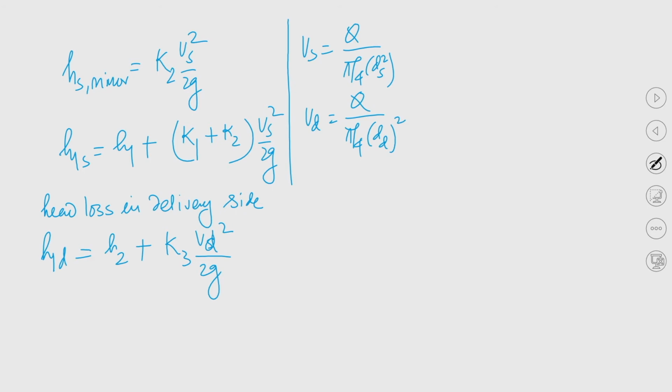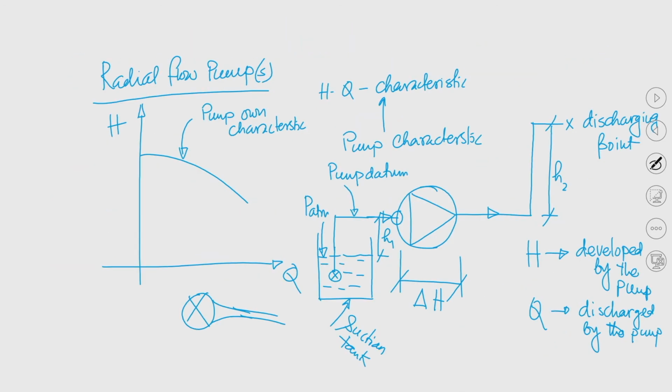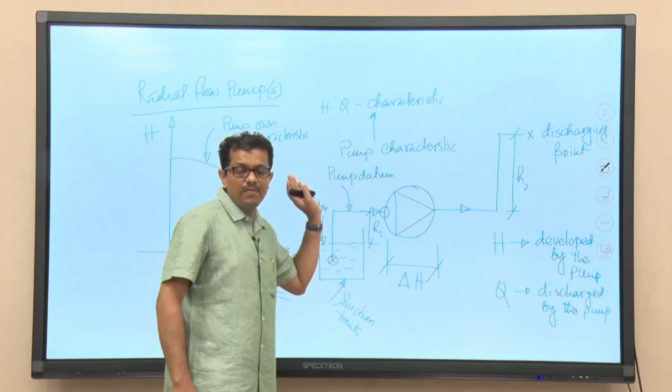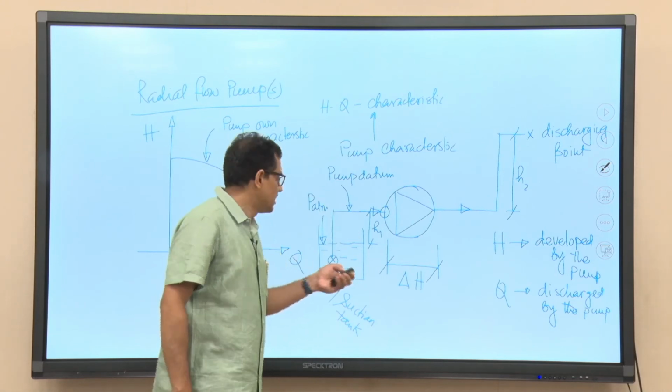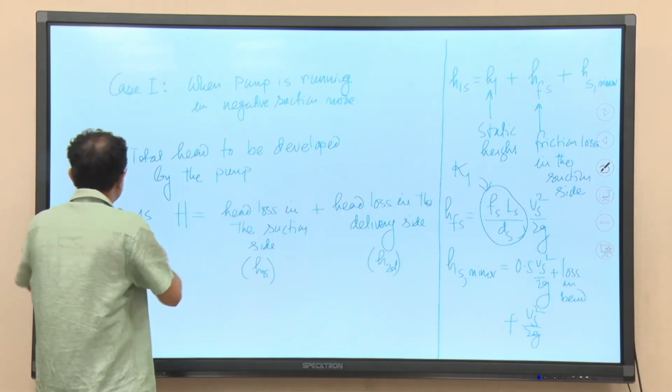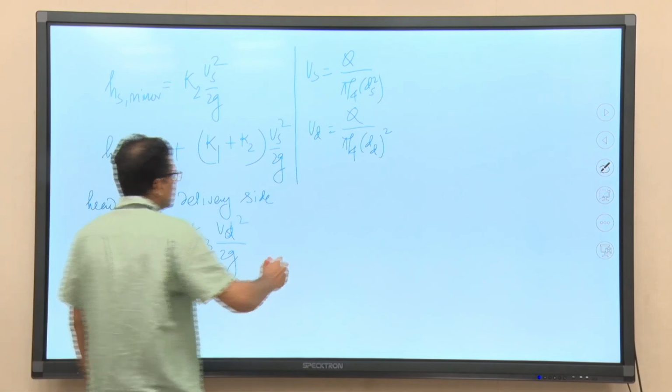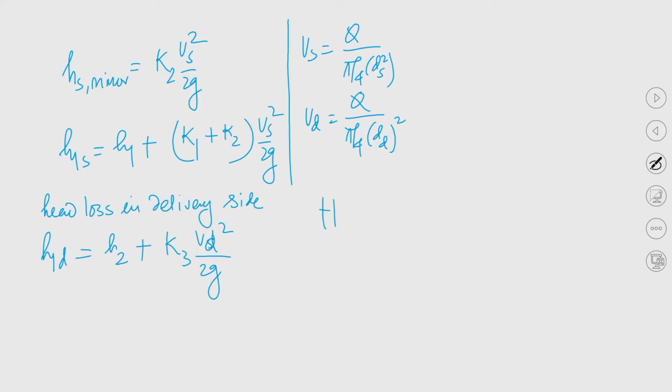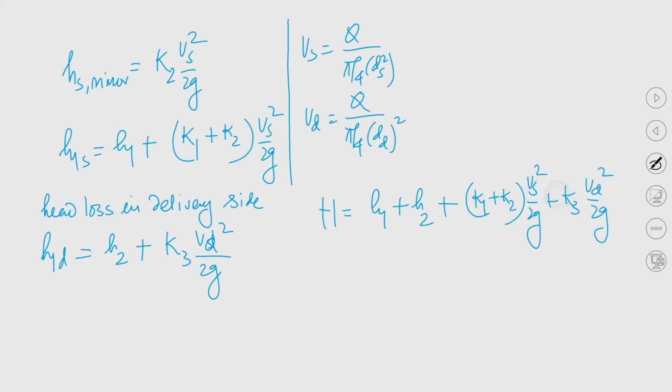Now, you can understand that for this configuration, if the pump is running in the negative suction condition, then the total head developed by the pump, the total head H, is basically H1 plus H2 plus k1 plus k2 into Vs square by 2g plus k3 Vd square by 2g.